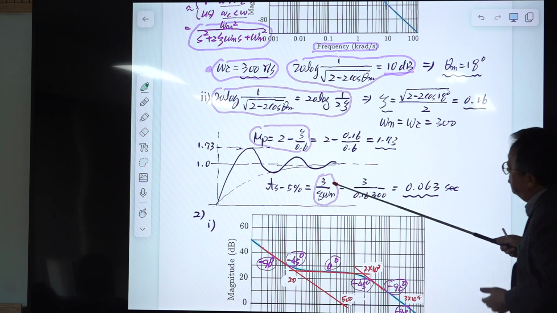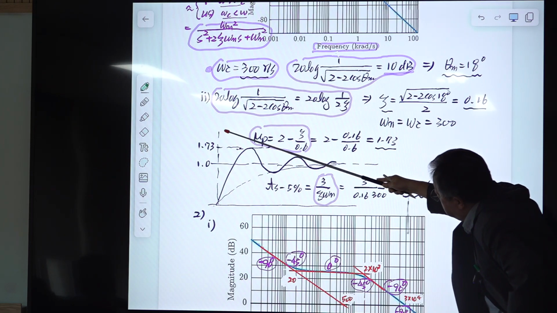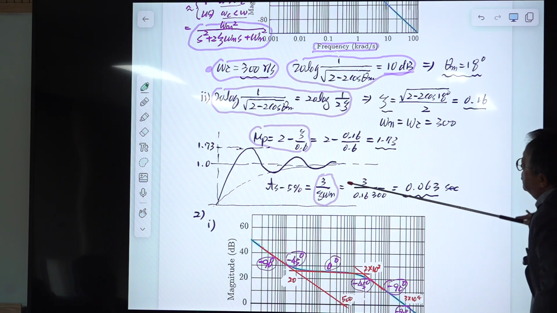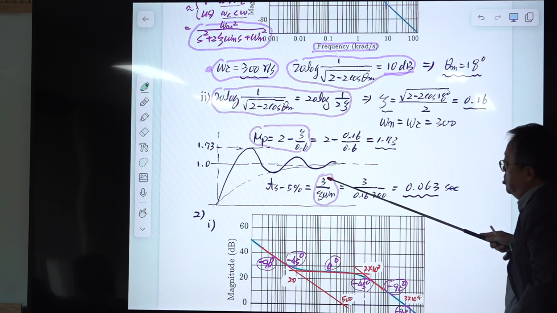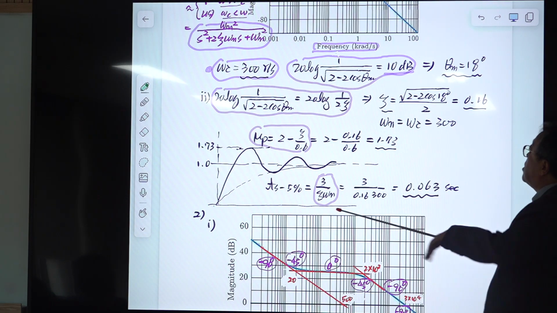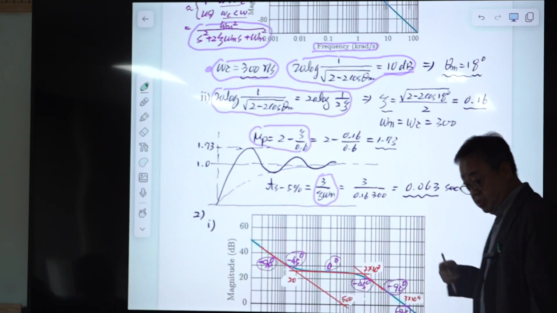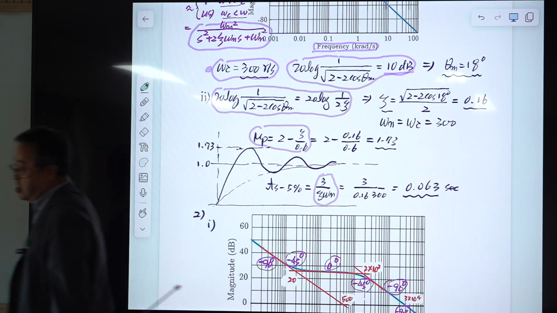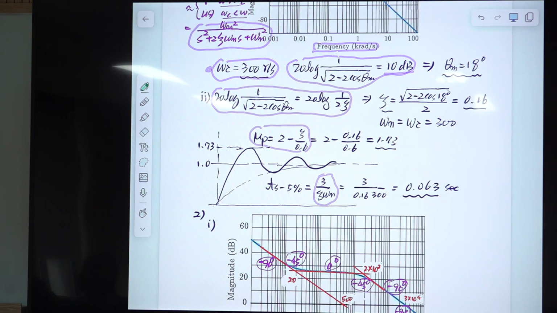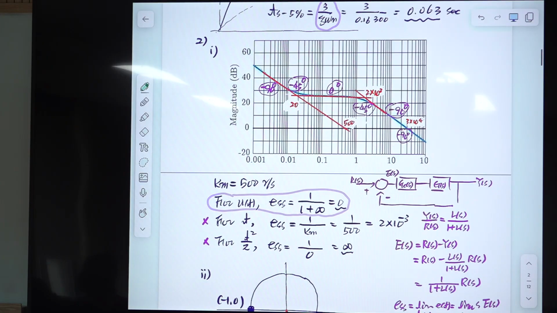But it is nothing more than assuming an exponential curve, where this is the time constant. Three times the time constant is the 5% bound settling time of this response. Okay, so there shouldn't be any problem.